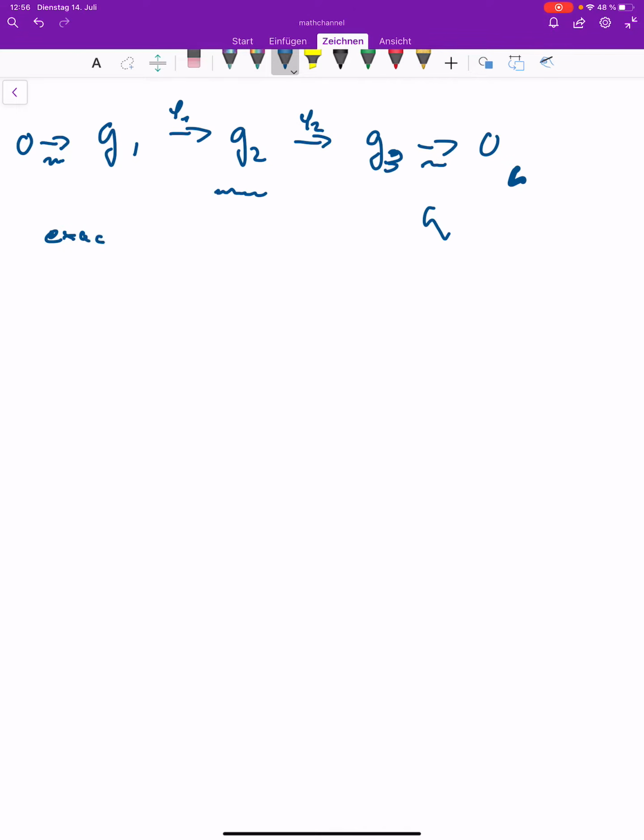This is called exact at G2 if the image of the homomorphism phi1 is equal to the kernel of phi2, right?